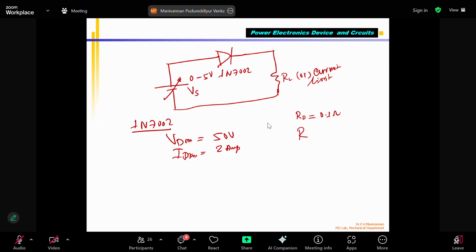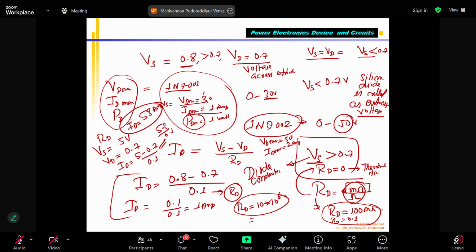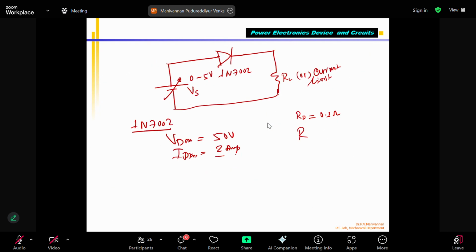If I supply even 5 volts, how much current will flow? We saw very heavy current, 53 amps. That is not allowed because the manufacturer allows only 2 amps. That means we have to connect an external resistance. Many books call it an external current limiting resistor.